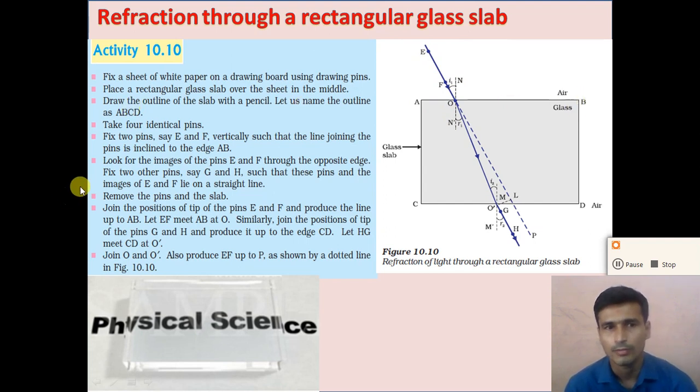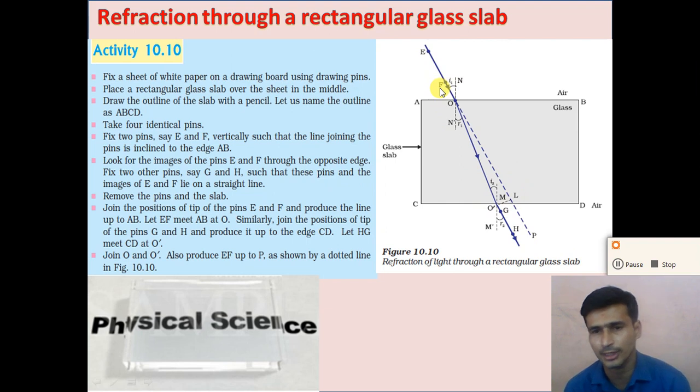Now look for the image of the pins E and F through the opposite edge of the glass slab, right? So consider the image of E and F, seen from the glass slab on the opposite side of the two pins.